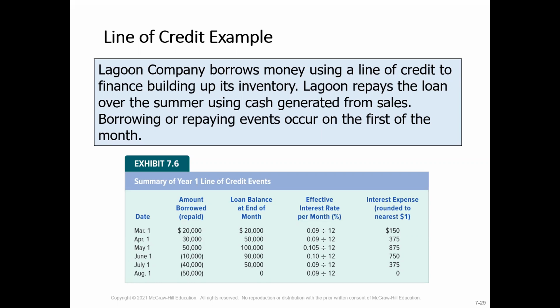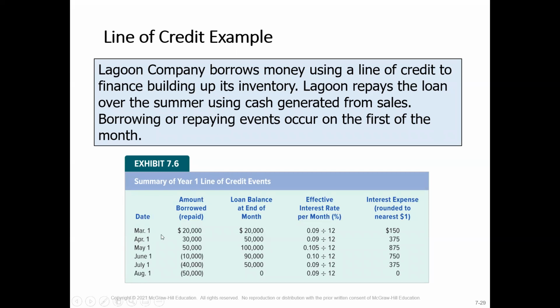So this company is just getting off the ground, building up its inventory. So there's no sales revenue coming through the door right now. We need to build up the inventory to get us those sales revenue. So once we get the inventory built up, Lagoon is going to be able to pay this loan off, or at least pay the balance down as they can, and eventually they pay it off.